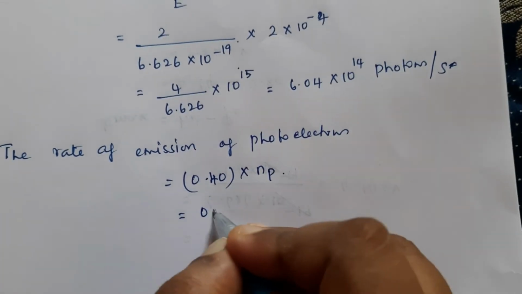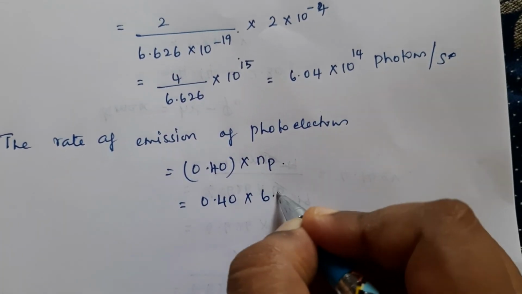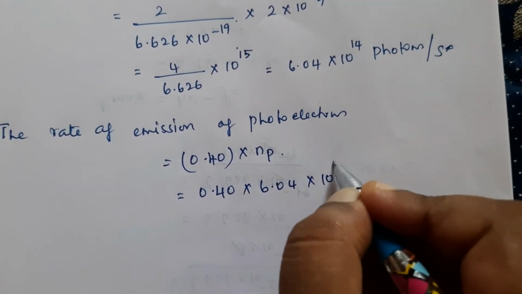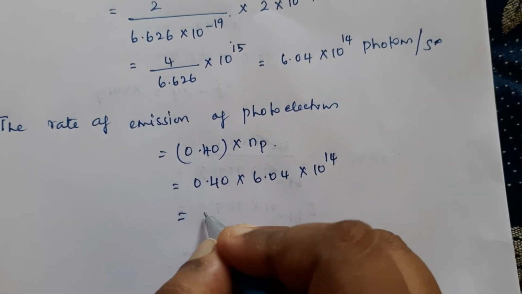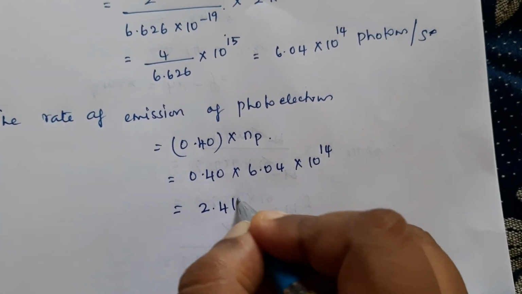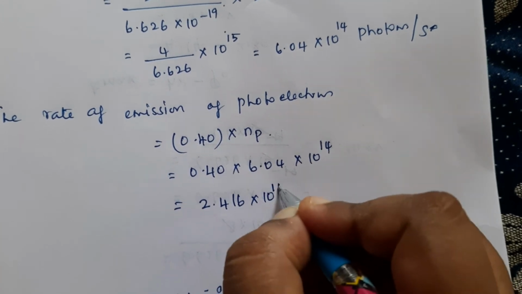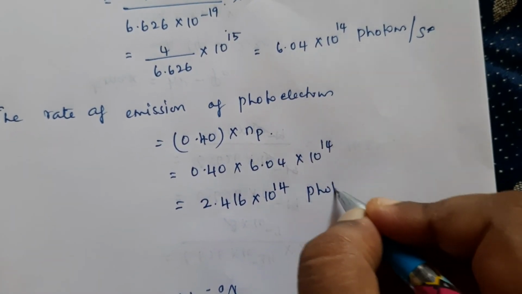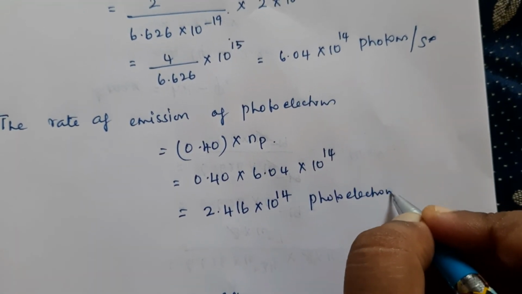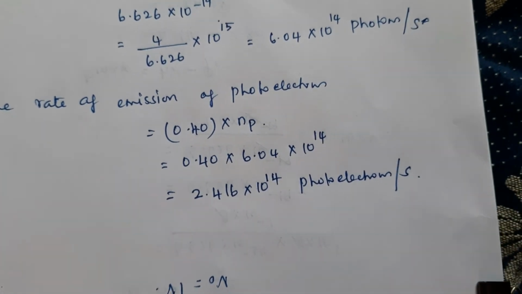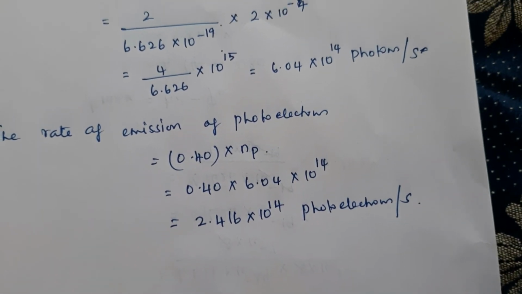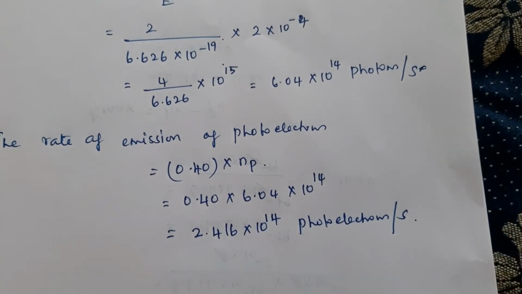So that is 0.40 into 6.04 into 10 raised to 14. So you will be getting it as 2.416 into 10 raised to 14 photoelectrons per second. Okay. So this much is incident and this much is emitted.